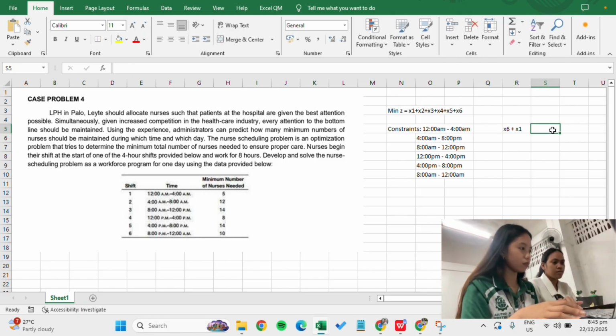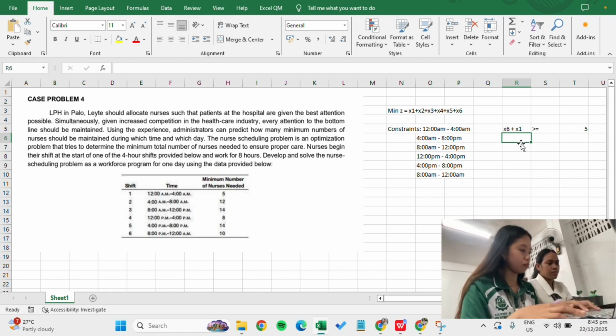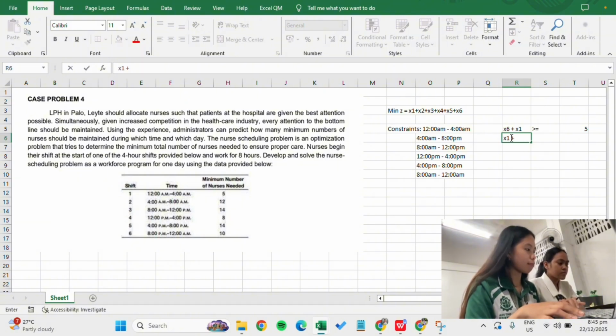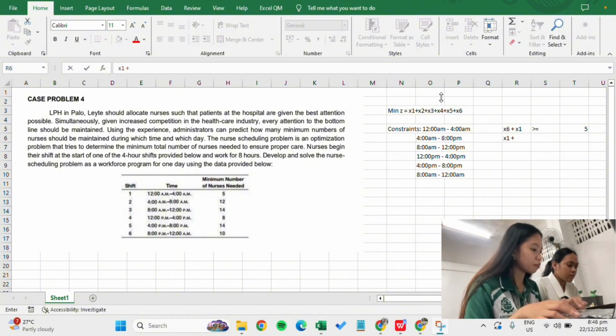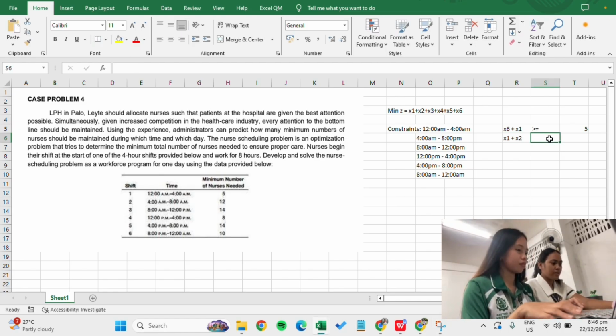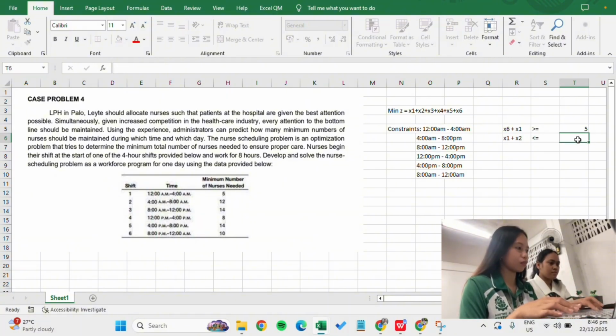Next is the x6 plus x1, greater than or equal to 5. X1 plus x2, greater than or equal to 12.